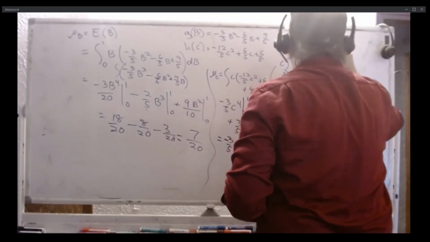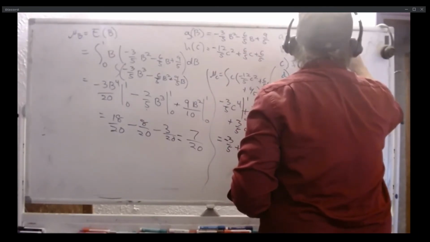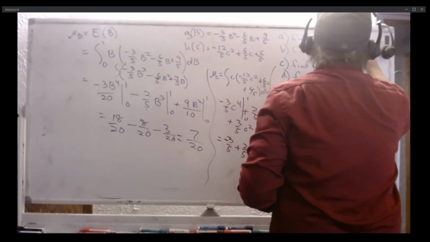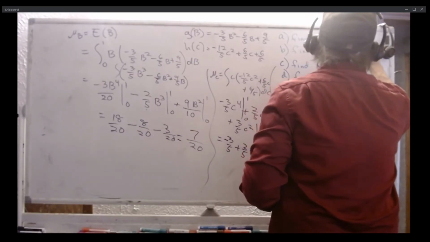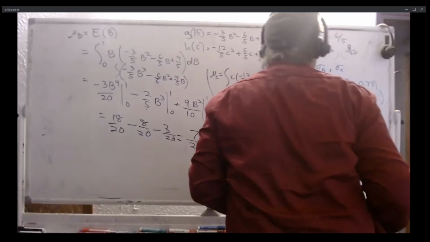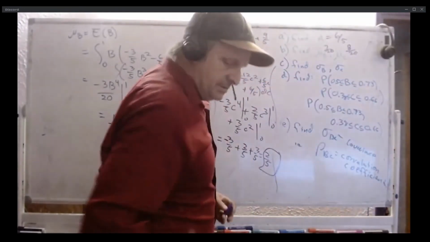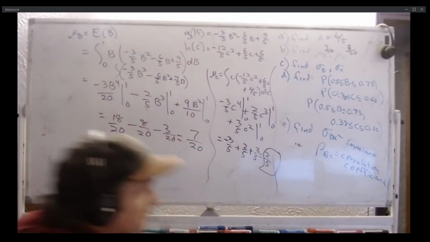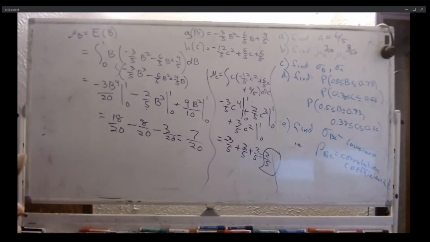What's mu sub B? 7 out of 20. And 2/5 is 8 out of 20, guys. I'm not saying these are right by any means. I'm not saying they're wrong either, by the way. I'm saying they could be right.